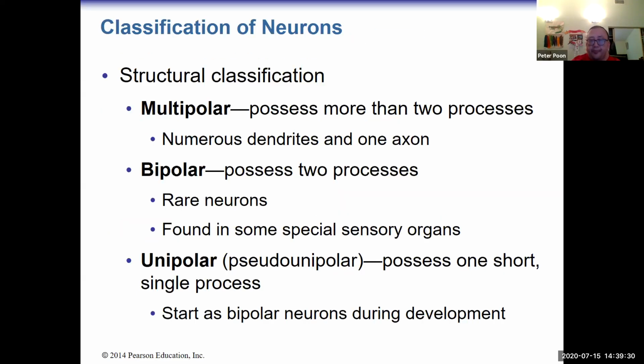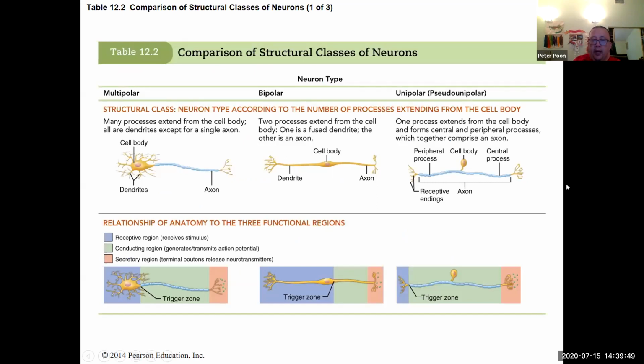The way we classify neurons is based on structural classification first: bipolar, multipolar, and unipolar. Here you look at the cell body and see one thing sticking out of it, so these are unipolar.